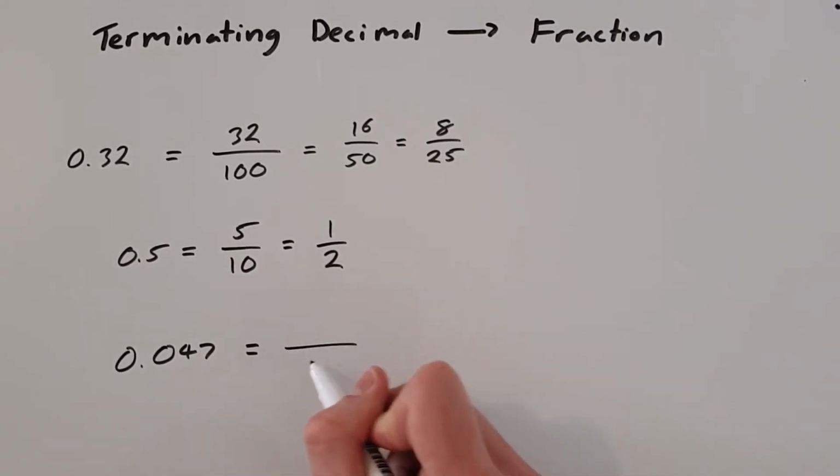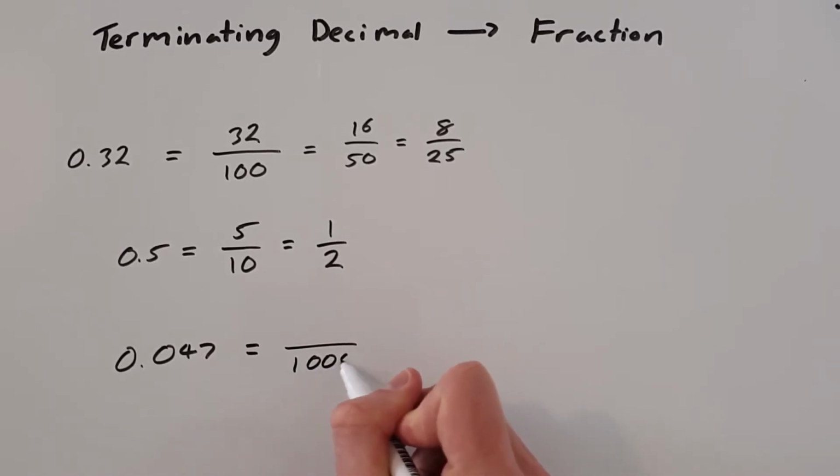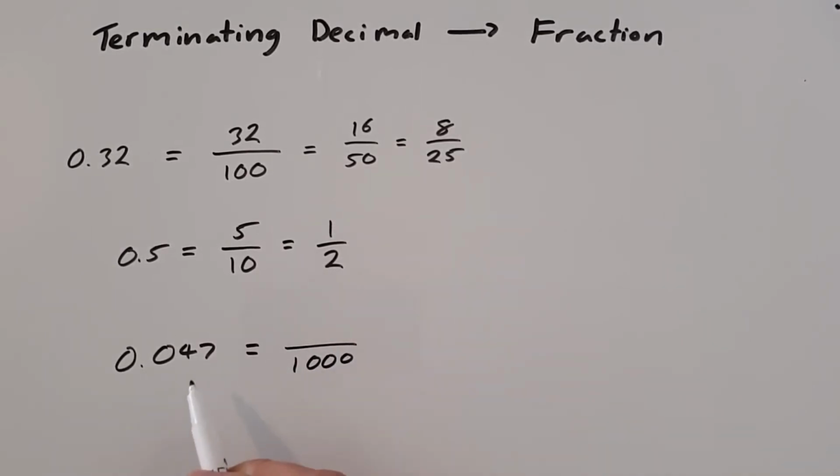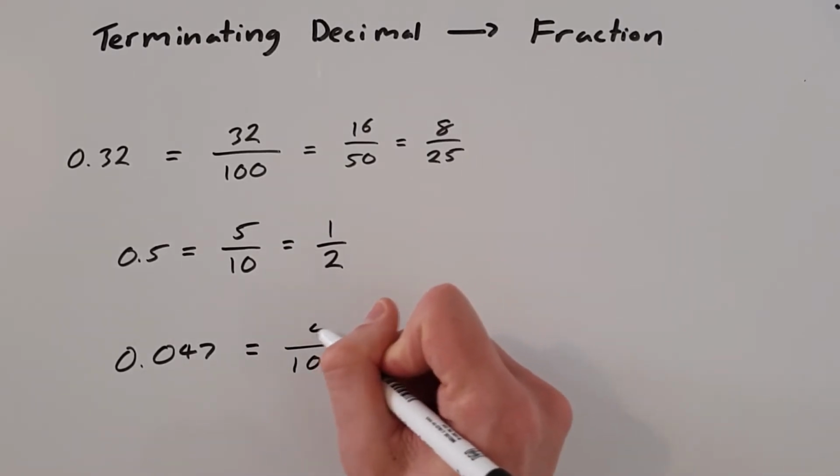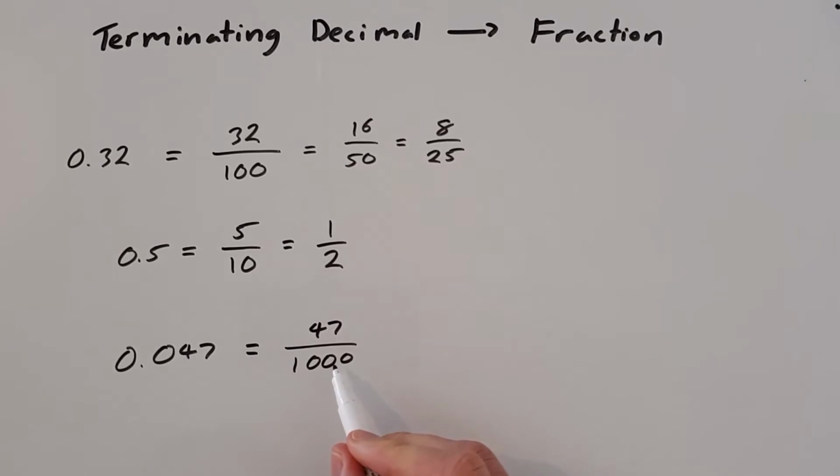So that means we construct a fraction with 1000 on the bottom with 3 zeros. And then we keep all the numbers that are on top. And this time we can keep just the 47, and we can forget the 0 because 047 is just 47. So our fraction becomes this, 47 over 1000, and then we may be able to simplify that down. Well, in fact, I'm not sure we can in this case because 47 is actually a prime number. So that is our final answer.